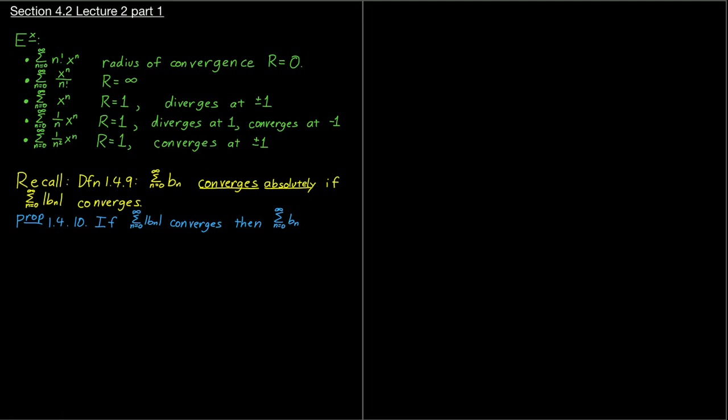Converging absolutely is stronger than converging. The alternating harmonic series is the classic example of a series that converges but not absolutely, and conversely, anything that converges absolutely, at least in the real numbers, has to converge.